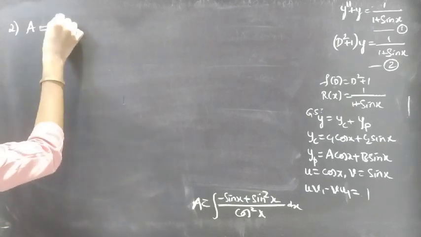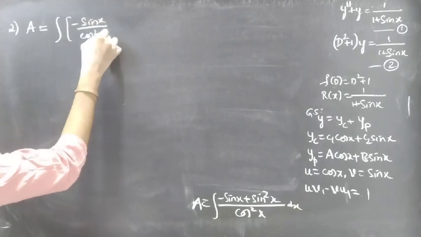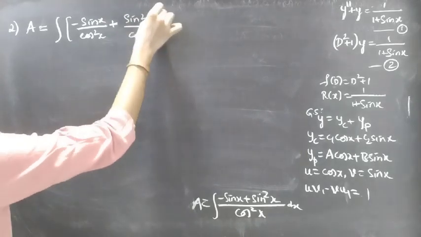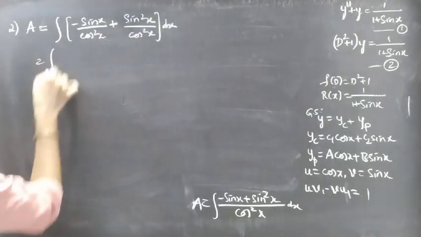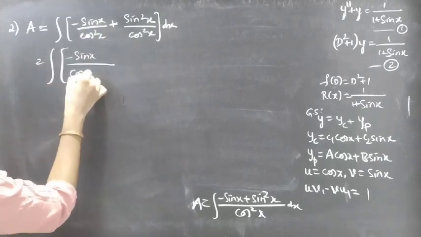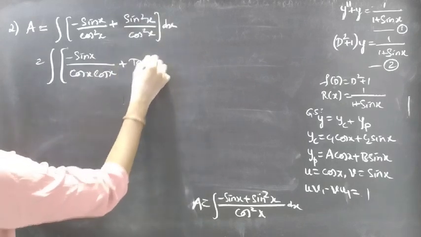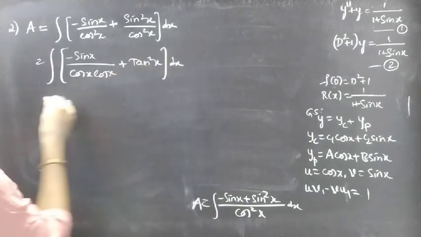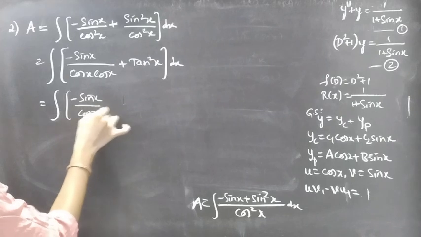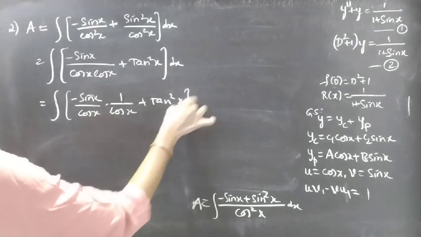A equals integral of minus sin x by cos square x plus sin square x by cos square x into dx, which equals integral of, we can write cos square x as cos x into cos x and write sin square x by cos square x as tan square x, into dx, which equals integral minus sin x by cos x into 1 by cos x plus tan square x into dx.